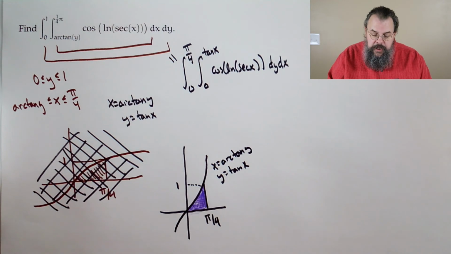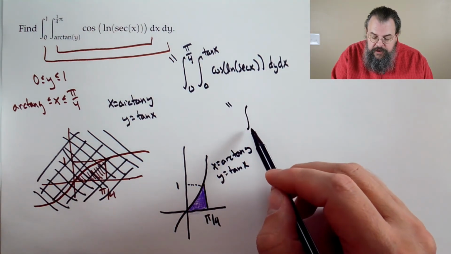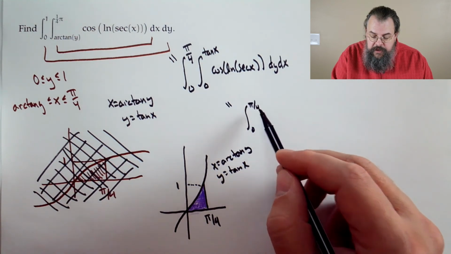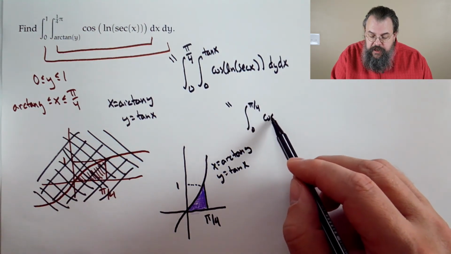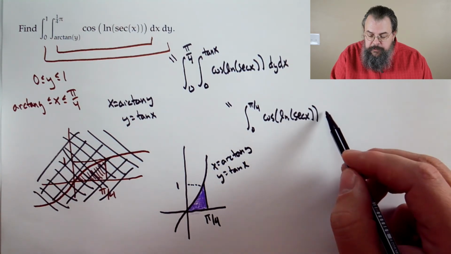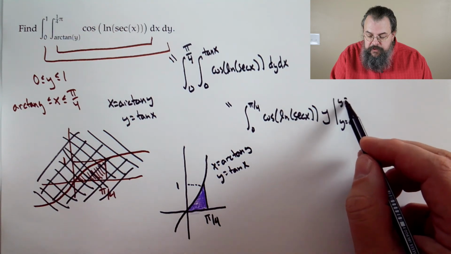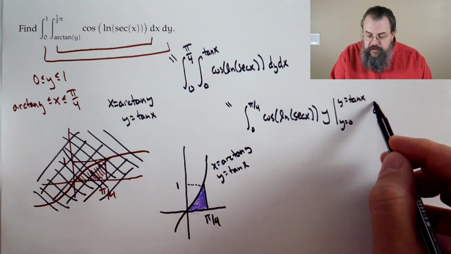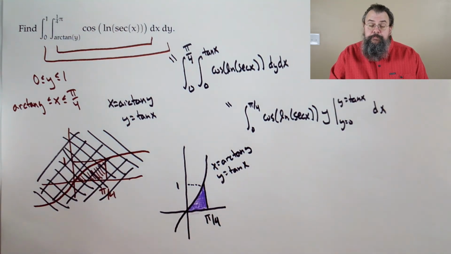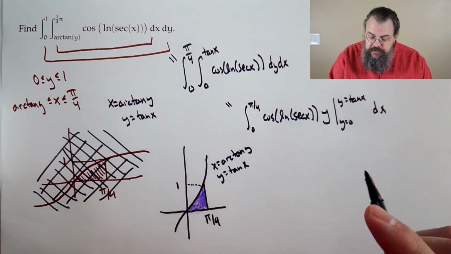All right, great. Well, what does this become? Integral from 0 to pi over 4. When we integrate the inside, cosine of log secant x times y, evaluated from y equals 0 to y equals tangent of x, dx. Now, plug it in. Plug in 0, you get 0. Plug in tangent of x.